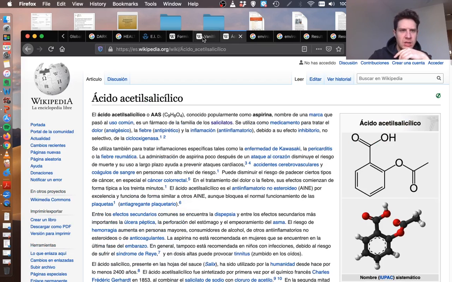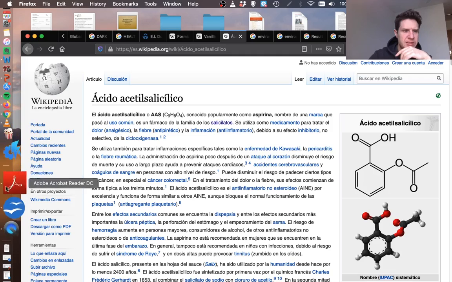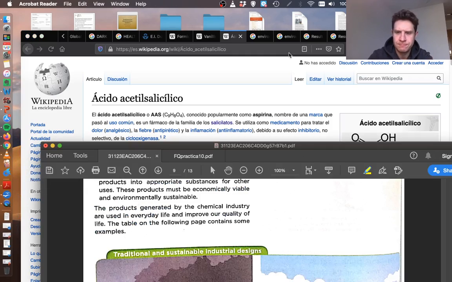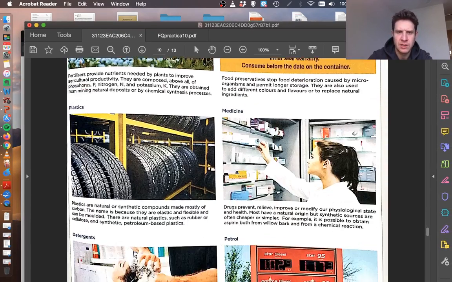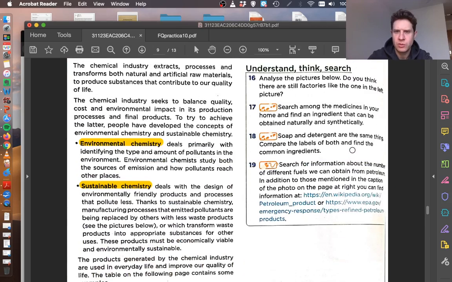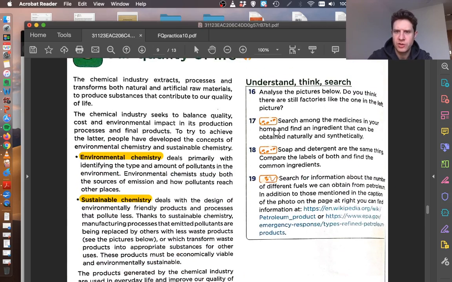So, coming back to our topics, we have these questions. Search among medicines in your home, ingredients that can be obtained naturally or synthetically. Very difficult. But I want to talk about, so analyze the picture below.